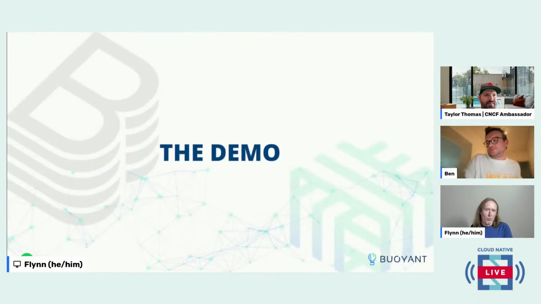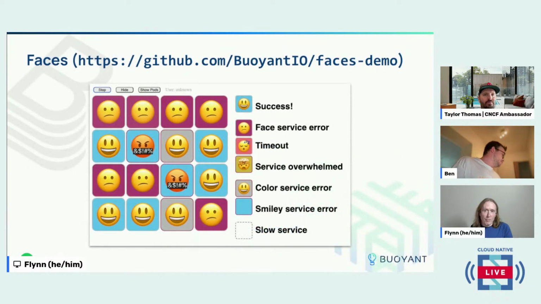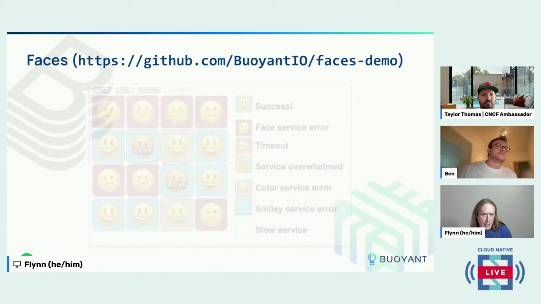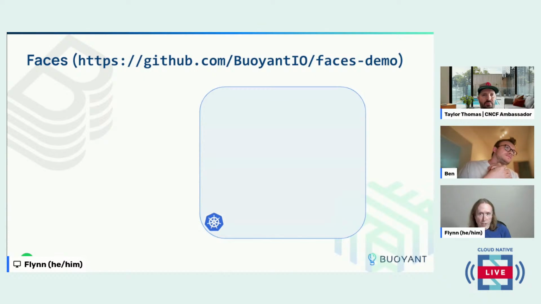Okay, let's talk really briefly about the demo application we're going to be working with here. This is the Faces demo at GitHub Way.io Faces demo. It typically looks a lot like this in the browser when you first install it. Under the hood, we have a cluster.